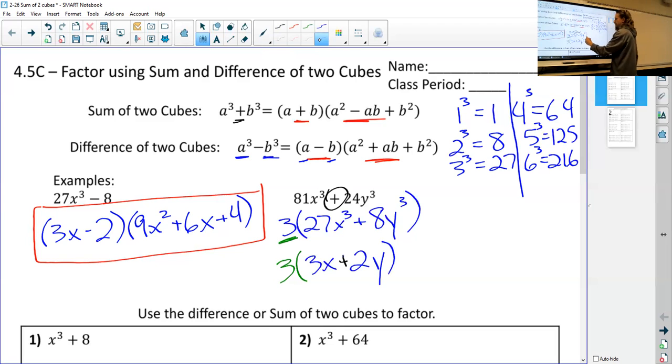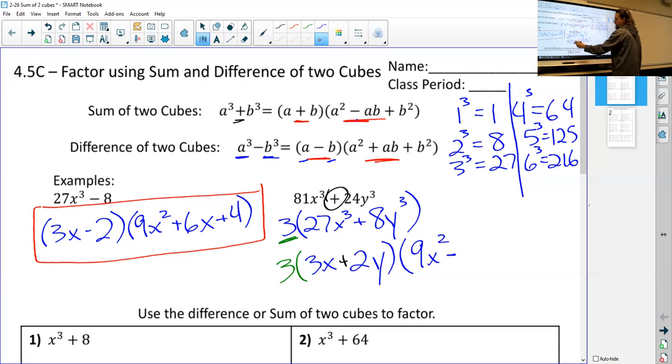Okay. So same as before, when I fill out the second part, this a squared minus ab plus b squared, I'm not looking at the original expression anymore. I'm only looking at this 3x plus 2y, because that's my a and that's my b. So I want a squared, so 3x times itself is 9x squared. And then I know since it's the sum of 2 cubes, I'm going to subtract next.